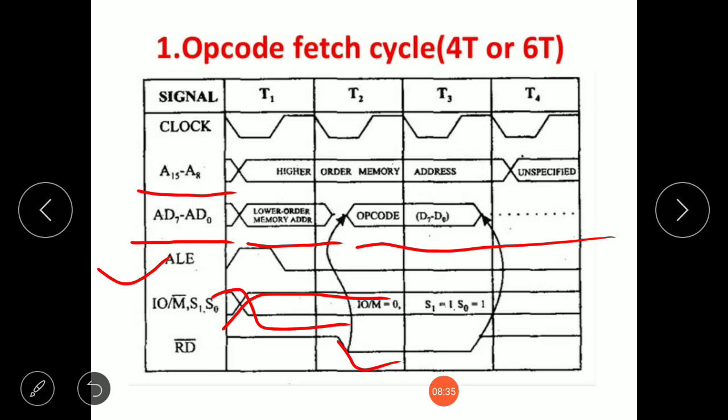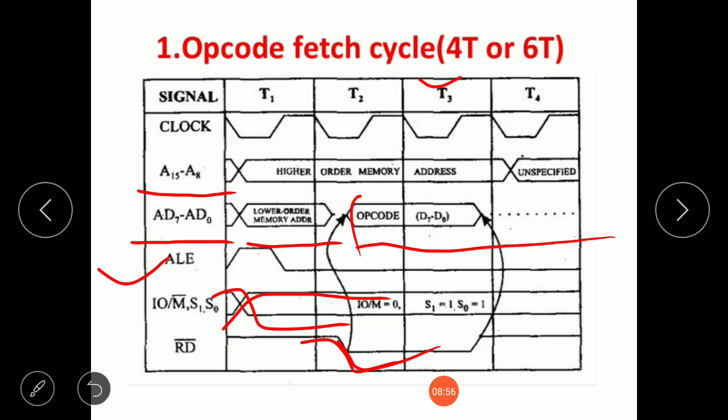So in the T2 state, when the microprocessor makes the RD bar signal low, the opcode which was found by the memory is placed on the data bus and sent through the data bus to the microprocessor.